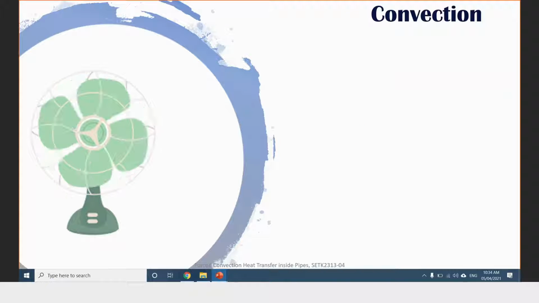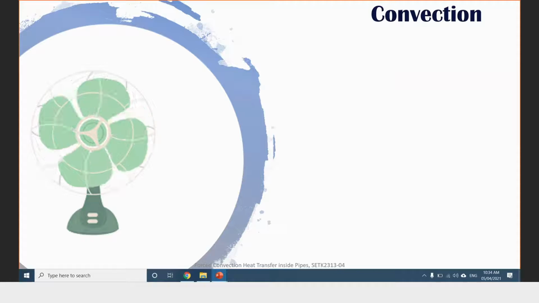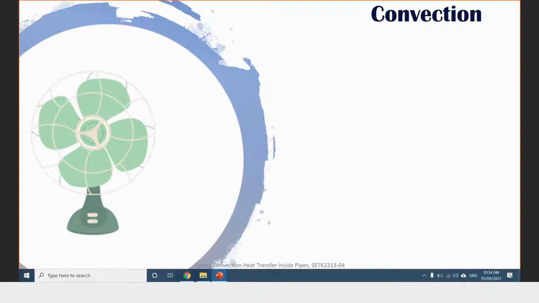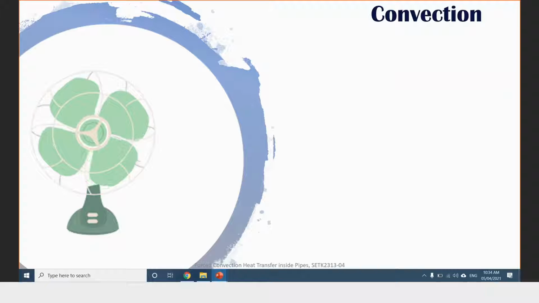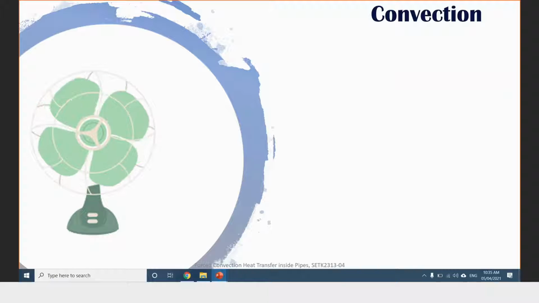Okay, so I'm pretty sure you already know what convection is, but let's just revisit a little bit. There are two types of convection, which are natural convection and forced convection.